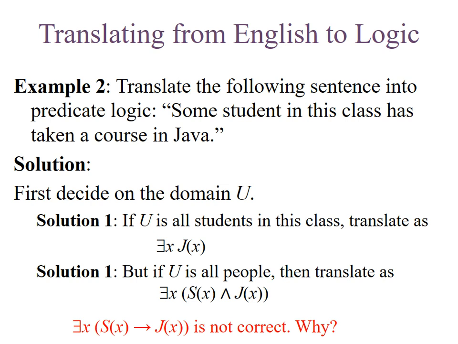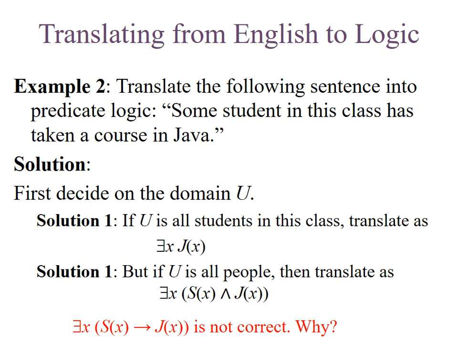Alright, next let's see another example where we use for some. Some student in this class has taken a course in Java. Not all students, just some student in this class has taken a course in Java. If we define the domain U as all students, then we can simply write for some x, J of x, because our domain is already all students in this class.